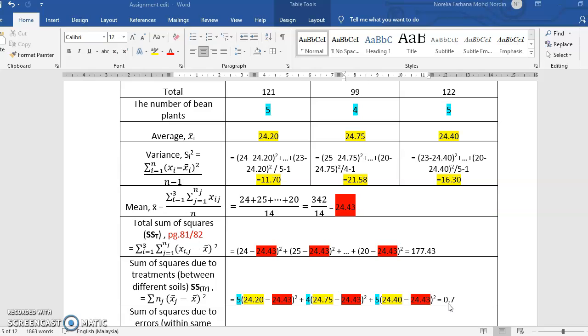The answer is 0.7. So 0.7 is the sum of squares treatment.